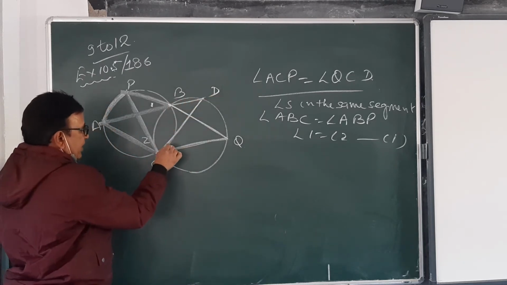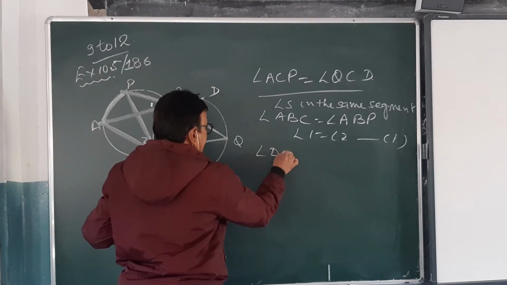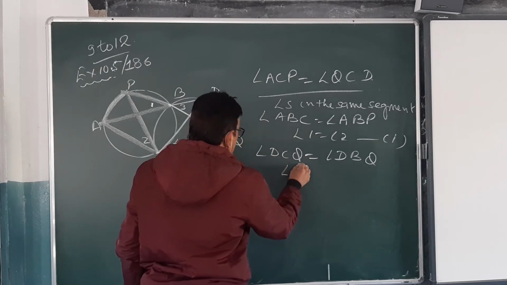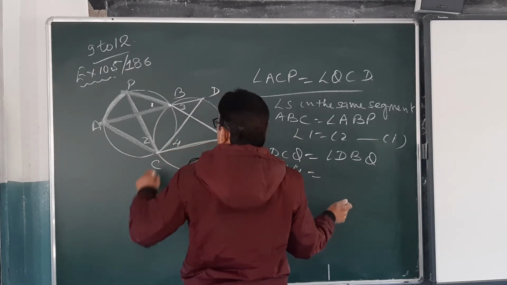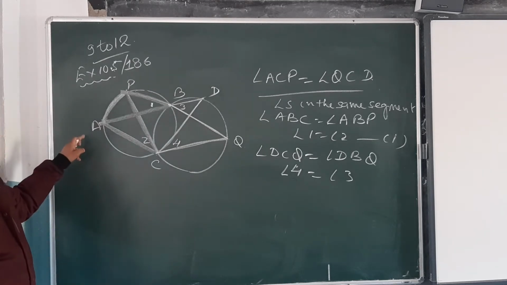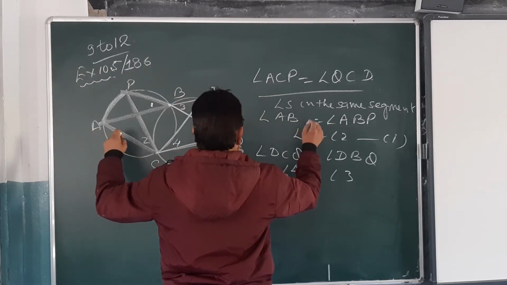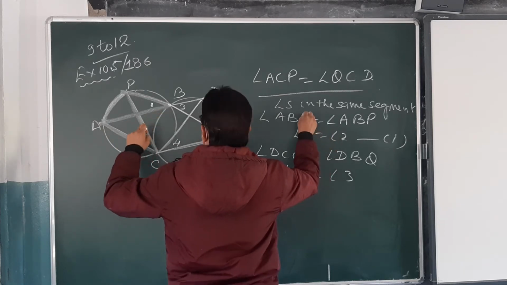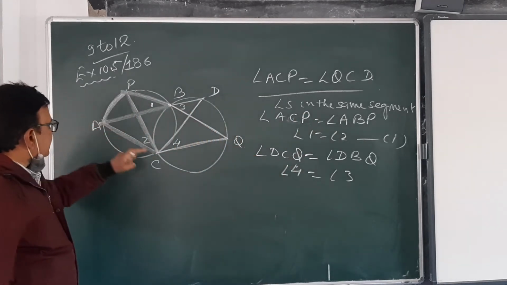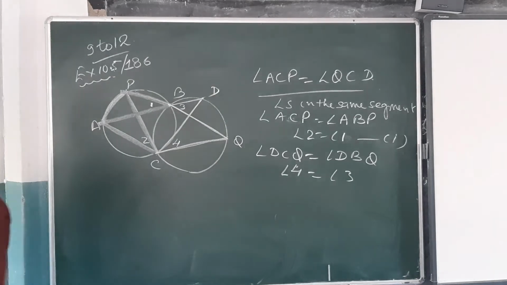Say 3 and 4, means DCQ and DBQ: angle DCQ is 4 and angle DBQ is 3. Clear? This was ABP, and ACP is angle 2, equals angle 1. No matter, you can change them by labeling them.